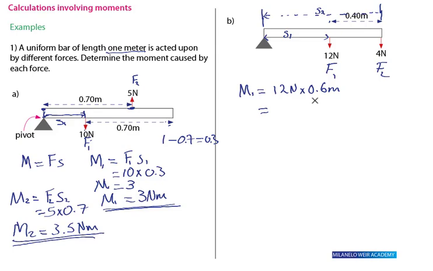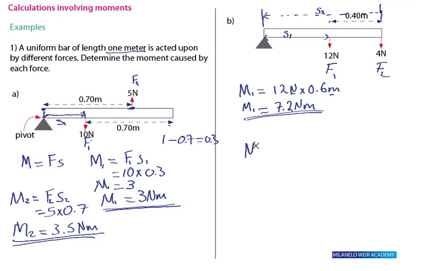So 12 multiplied by 0.6 is 7.2, and the units are going to come out this way. It's not like you just have to memorize the units, you get them from the quantities that you will be using, right? So this is M1.